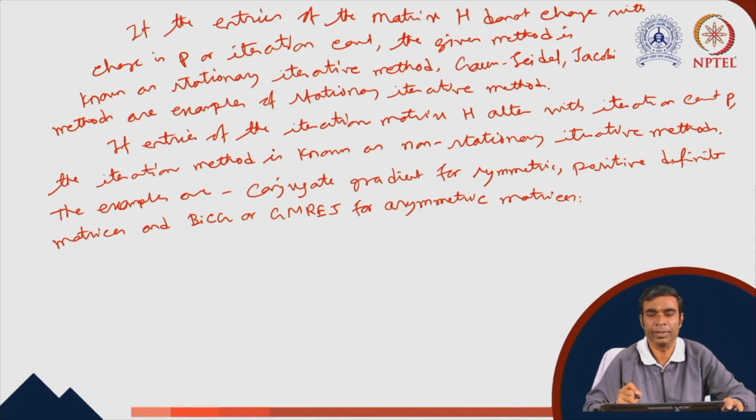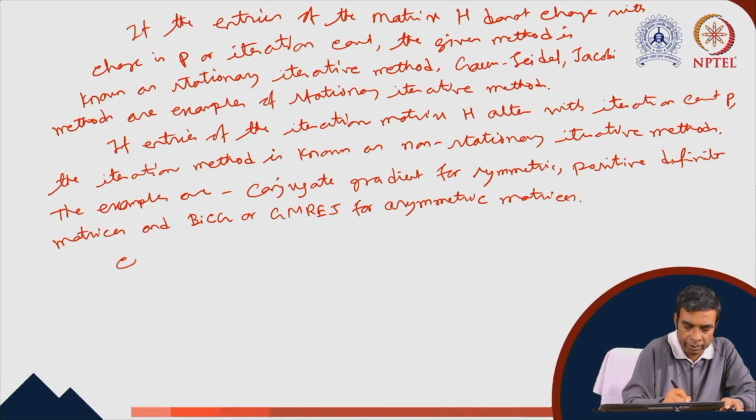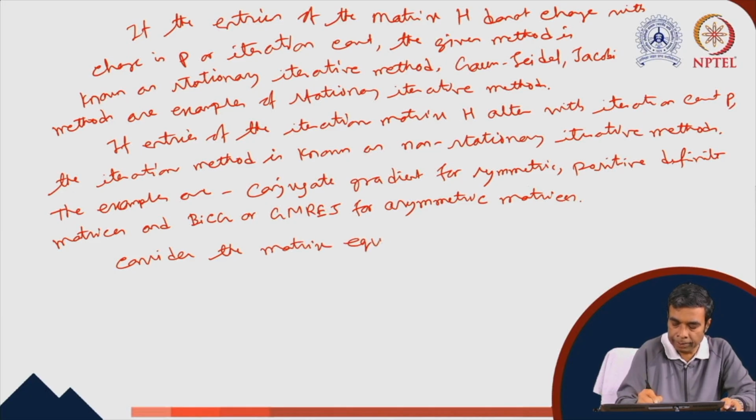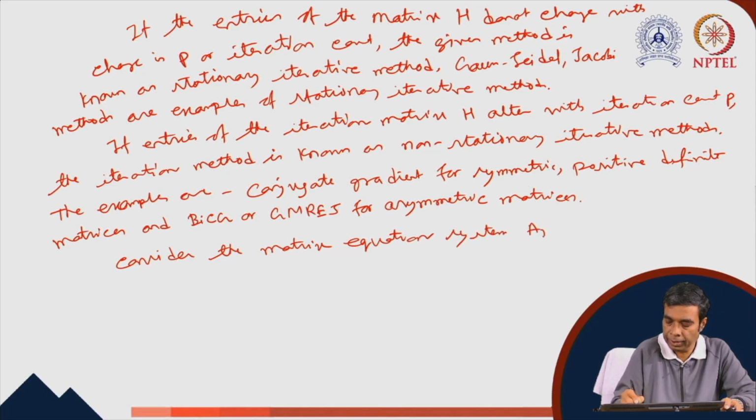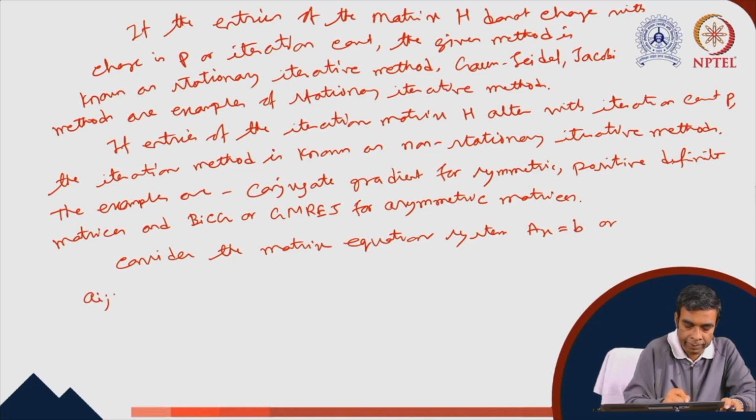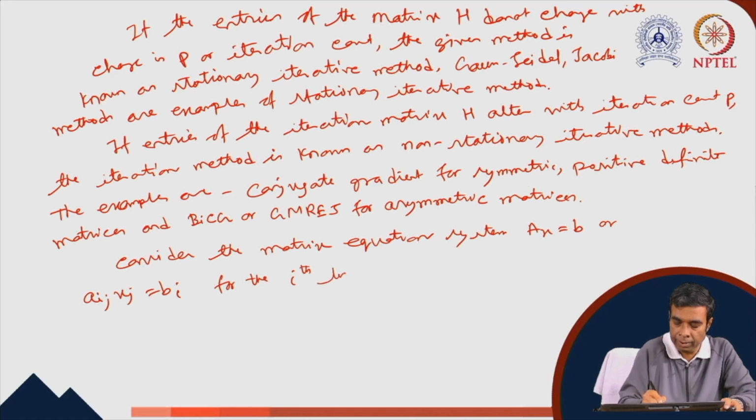Now we illustrate the development of the stationary iterative methods. So consider the matrix equation system Ax equals B, or Aij xj equals Bi for the ith linear algebraic equation.